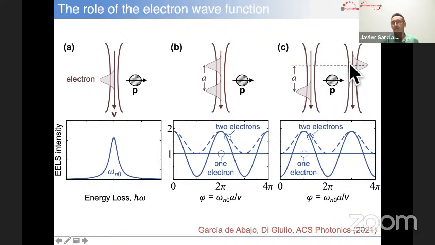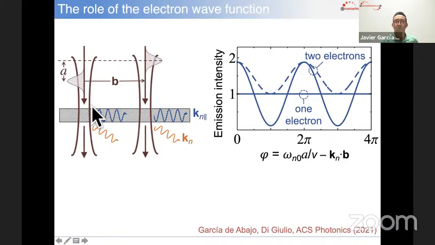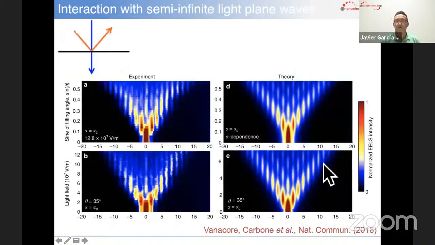And similar conclusions hold when the two wave packets are laterally displaced relative to the sample. Also, when you produce cathodoluminescence or excitation of a guided mode in this configuration, there should be no dependence on the geometrical parameters of these wave packets when you have one electron. But when you have two electrons, then you have this modulation as a function of this geometrical arrangement.